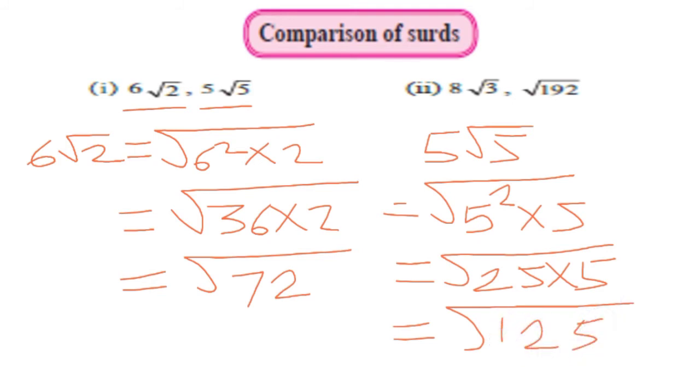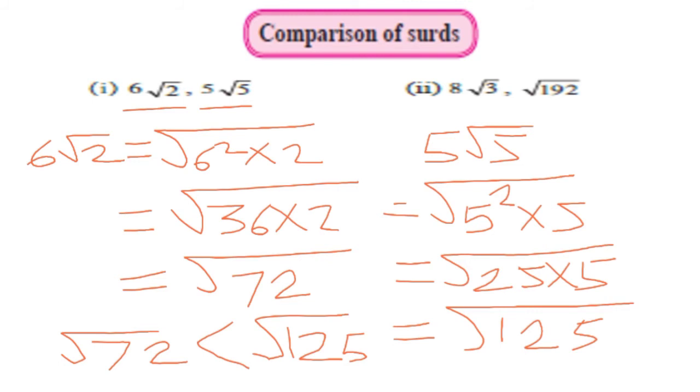First is root of 72 and next is root of 125. Square root of 125 is the biggest number. That's why square root of 72 is less than square root of 125, means 6 root 2 is less than 5 root 5. This is comparison of these two sets.